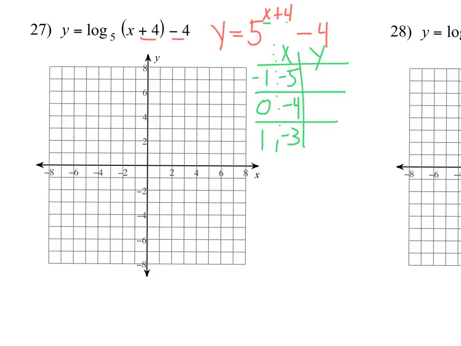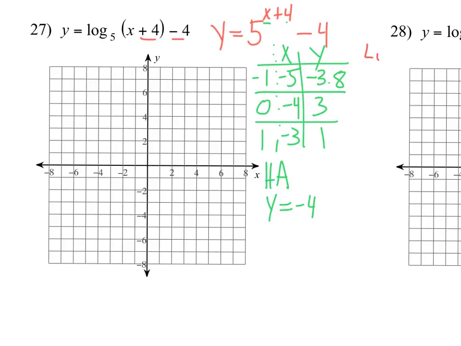Okay, plugging in -5. 5 to the -1 is 0.2. 0.2 minus 4 is -3.8. Plugging in -4, 5 to the 0 is 1, minus 4 is 3. And plugging in -3, -3 plus 4 is 1, 5 minus 4 is 1. And then finally we've got a horizontal asymptote at y equals -4.